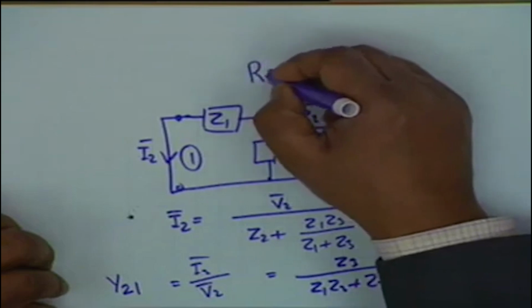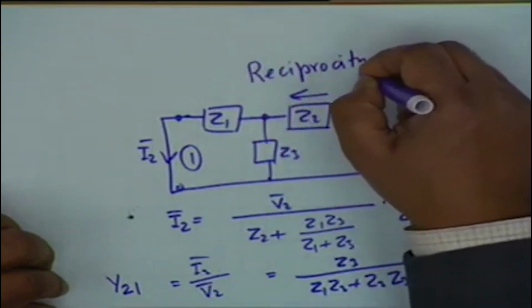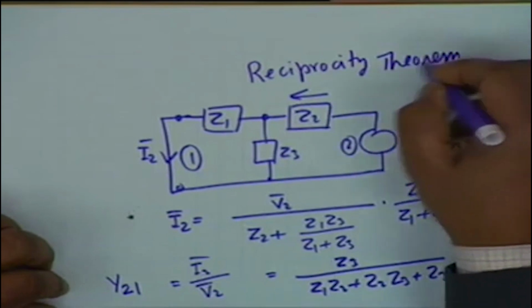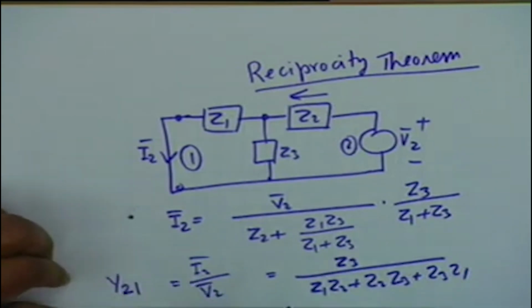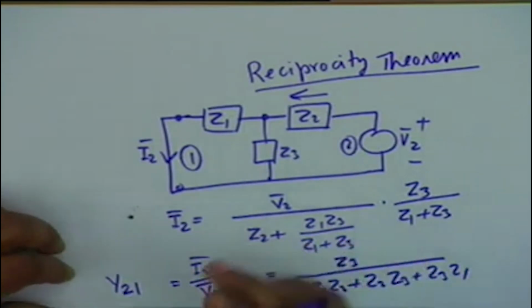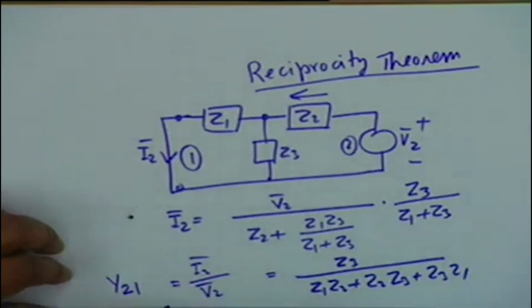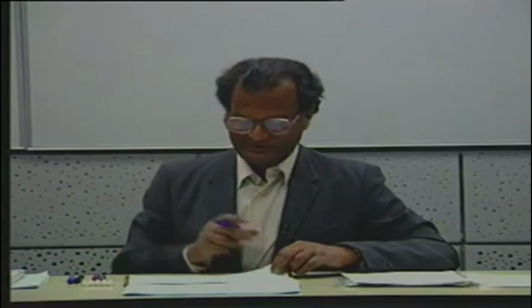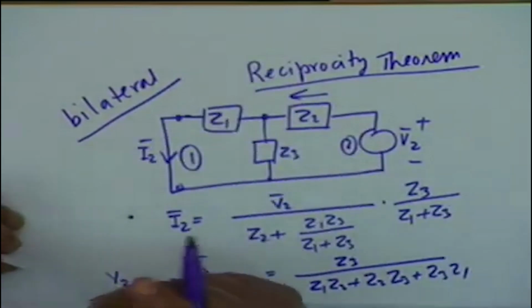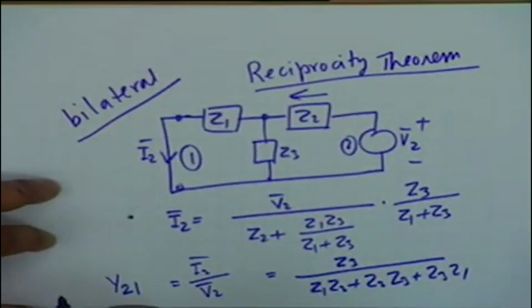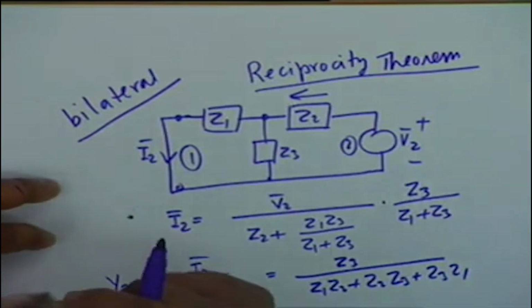This is what is generalized to a theorem called the theorem of reciprocity or reciprocity theorem. In general terms it simply means the following: if there is a network which contains bilateral elements, let me introduce this term, bilateral, that is elements which conduct equally well in both directions. A resistance, it does not matter whether one end is positive or one end is negative.